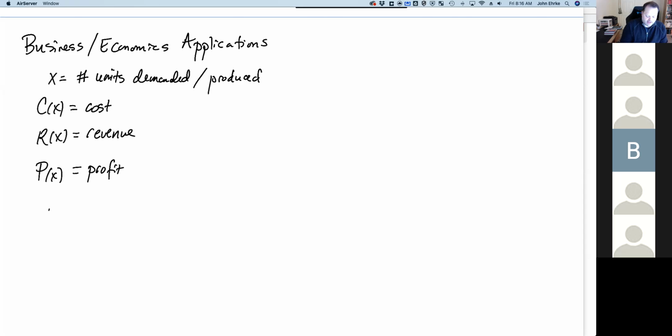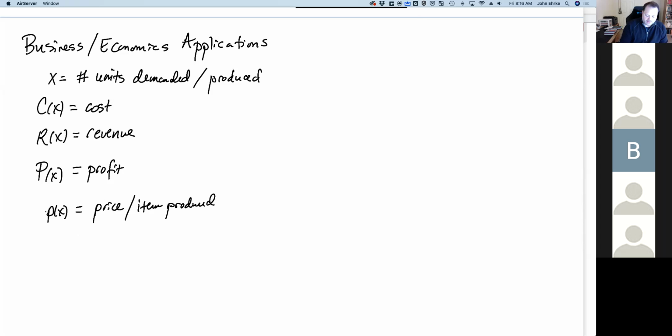And let's let lowercase p equal the price per item produced or demanded. Then there are some basic relationships between these different variables, these different functions.